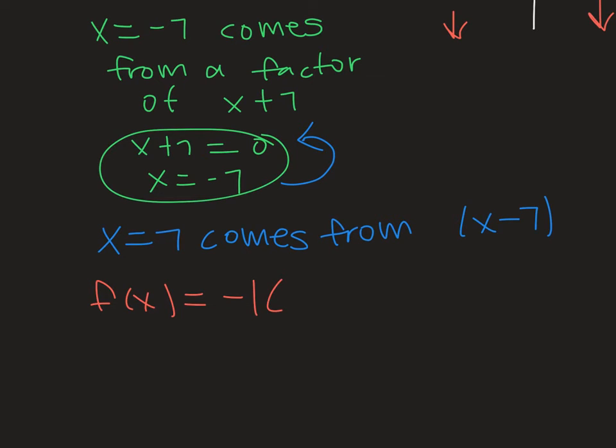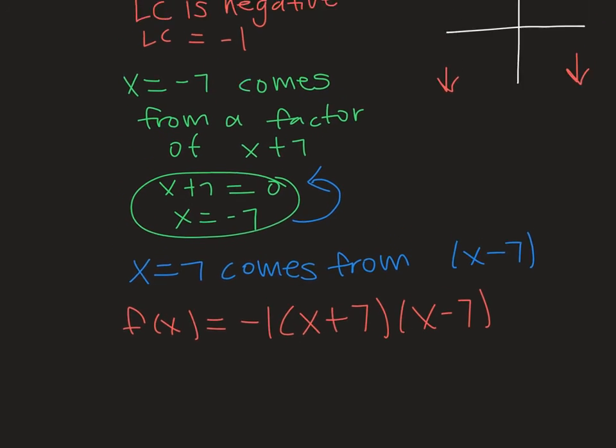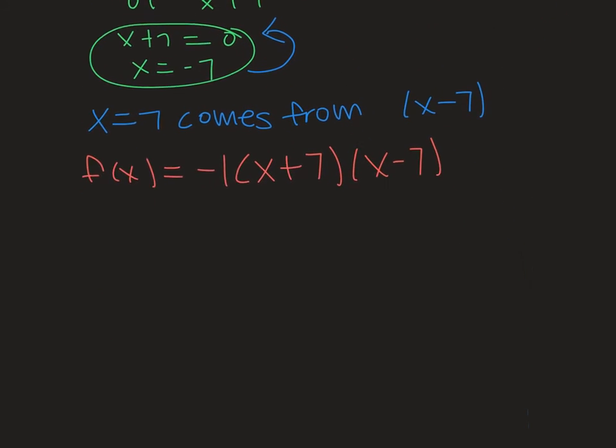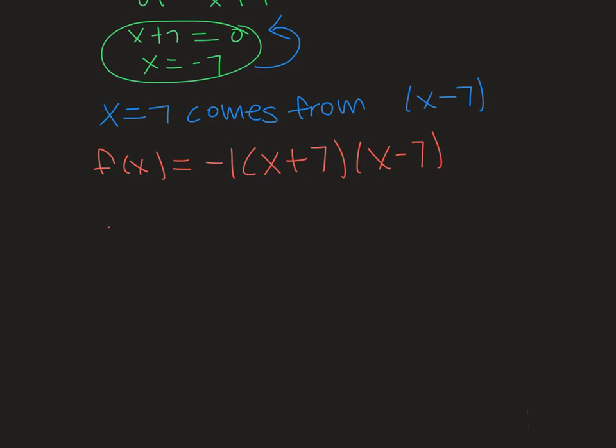And we have factors x plus 7 and x minus 7. Okay, I think now that takes care of everything. Now, we do know that the y-intercept is 49, so let's see what happens if we multiply this out and if it works out for the y-intercept to be 49.